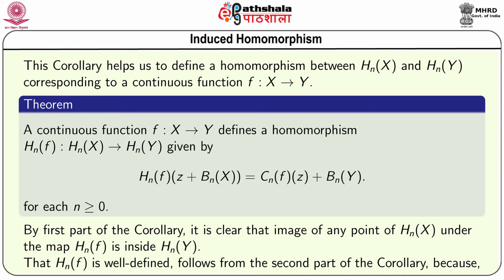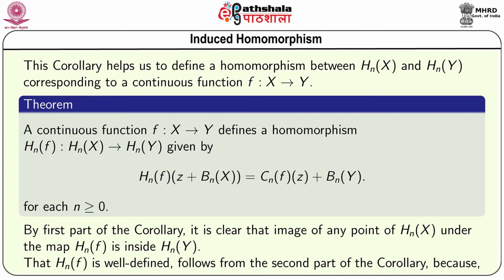We define the map so that it takes the point z plus Bn x to the point Cn f operated on z plus Bn y.